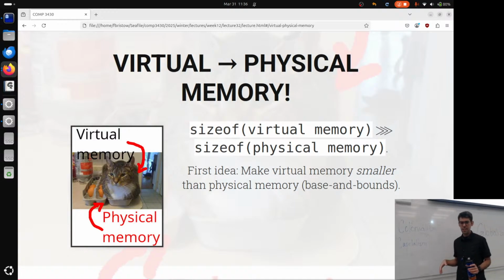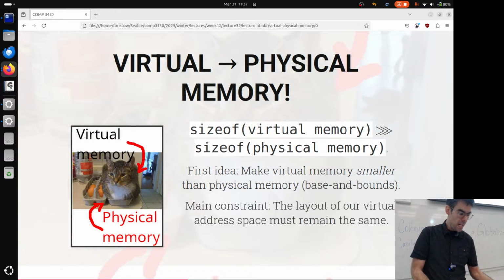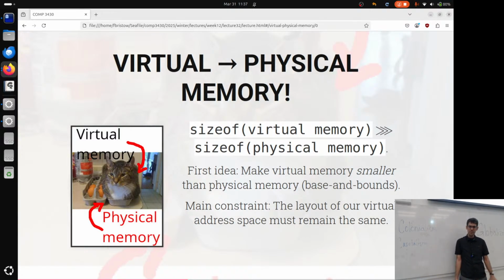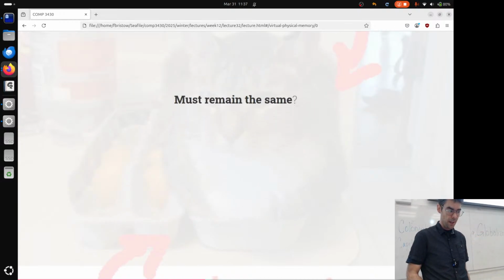And so the first idea that we have with supporting virtual memory here is to take this idea of an address space and just make it smaller than physical memory so that we can put the entire address space into physical memory somewhere. The main constraint that we have with all of these different virtual memory systems is that the layout of the virtual address space has to remain approximately the same as what we were told about it and when we're thinking about it.